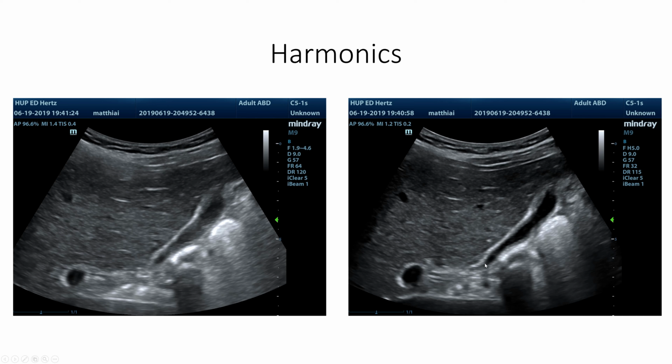But the difference between these two images is that on screen left, the ultrasound machine listens for all of the sound that comes back to it like it always does. So that sound's going to be in this frequency range, and it's going to have a maximum frequency somewhere in between these two.